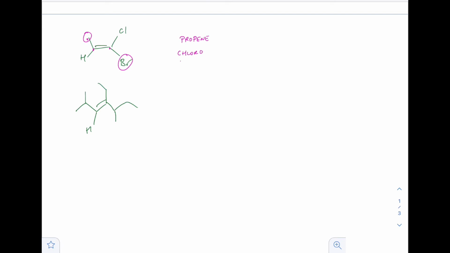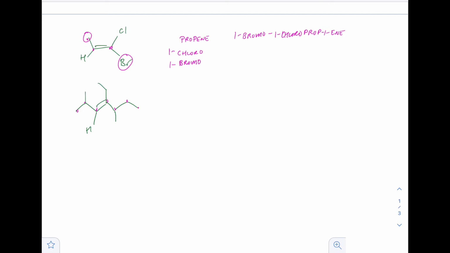So we have 3 carbons in there. That's a propene. We have a chloro and a bromo, which we're going to give the 1 assignment because they are going to be the priority. And then we've got a 1-bromo-1-chloroprop-1-ene. And of course, that's an interesting one.